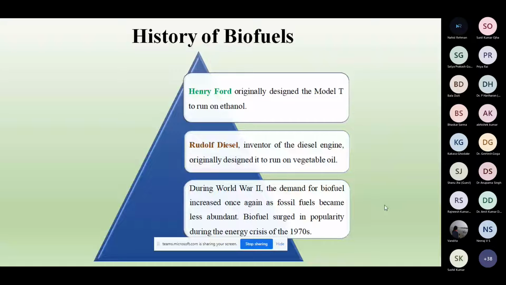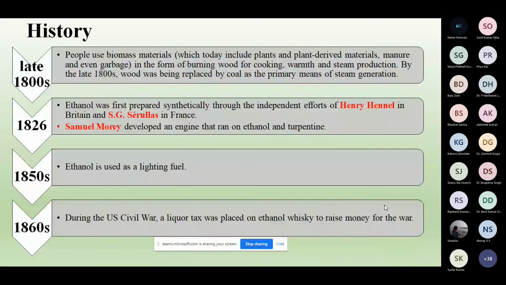And just to recall, during World War II the demand for biofuel increased once again because fossil fuels became less abundant, which was realized in 1970. You should know here again that people used biomass materials, which included plants or their derived products, or even manure, in the form of burning wood for cooking, for warmth or steam production.